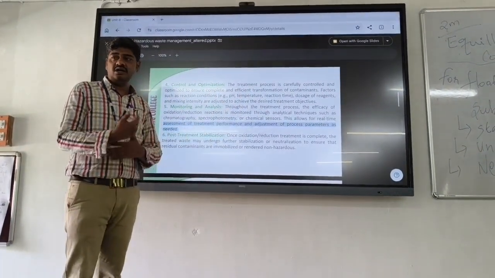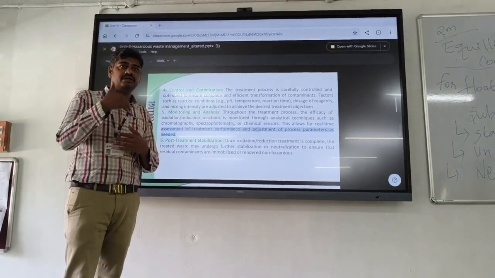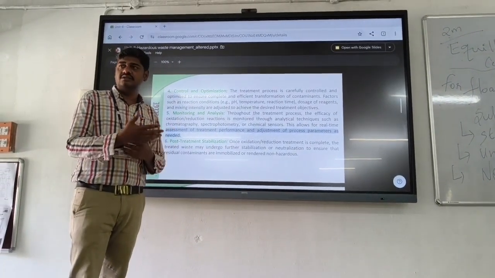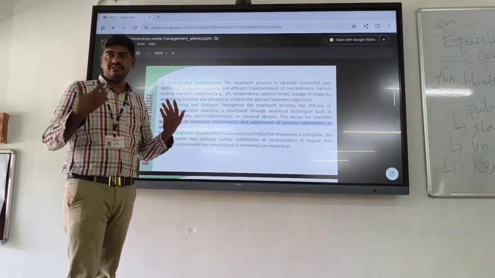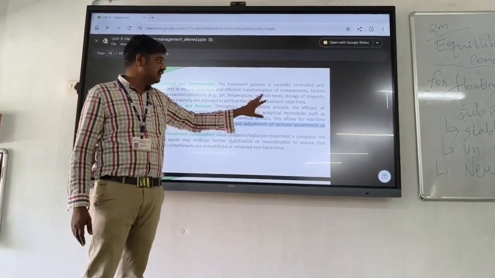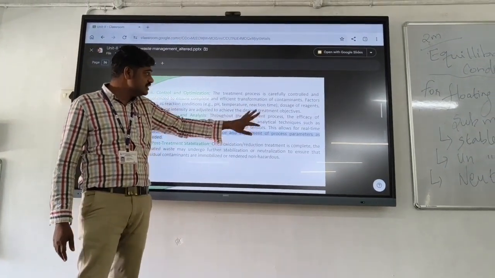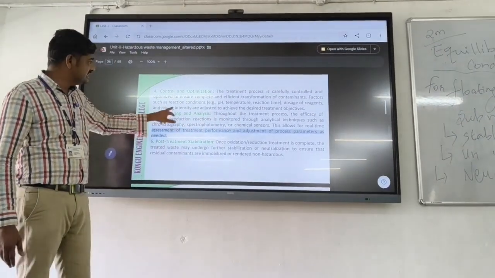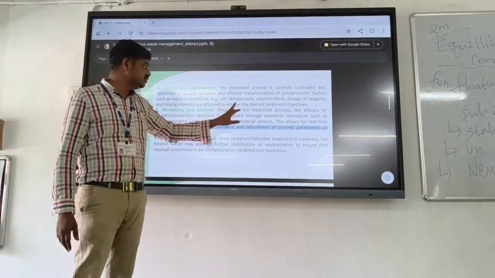All the hazardous elements are converted into inert materials. We follow some parameters: pH, temperature, reaction time, dosage of reactants, and mixing intensity are adjusted to achieve this.